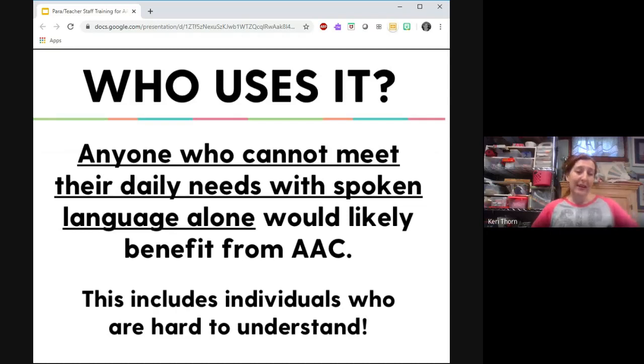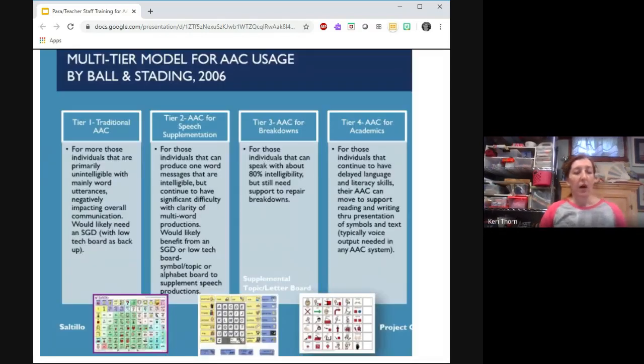Okay, so who can use it? Basically, anybody who cannot get their needs met through verbal speech. If they can't verbally communicate everything they want to, they could benefit from some type of AAC. There are several tiers of devices. Tier 1 would be students who have no speech at all. Those are the alternatives I talked about.